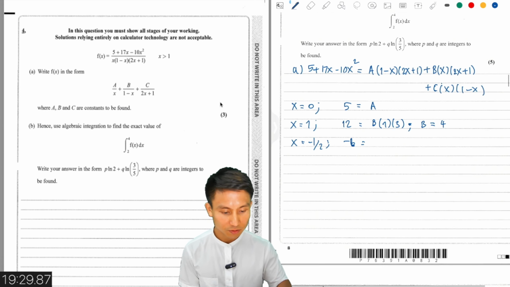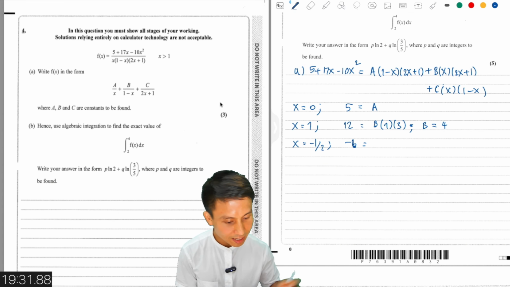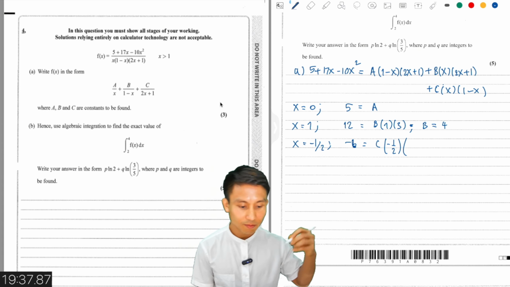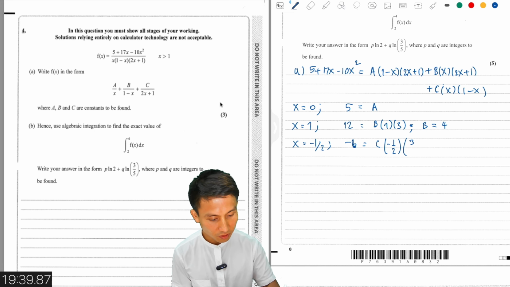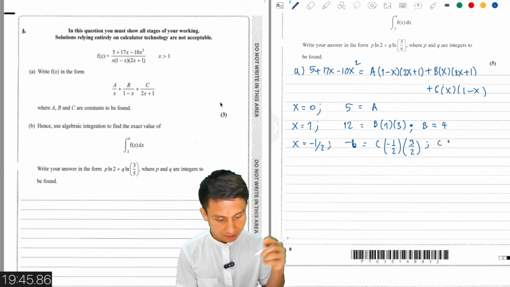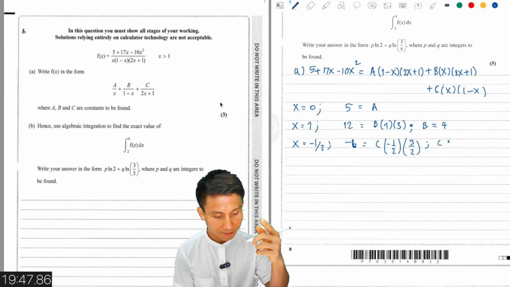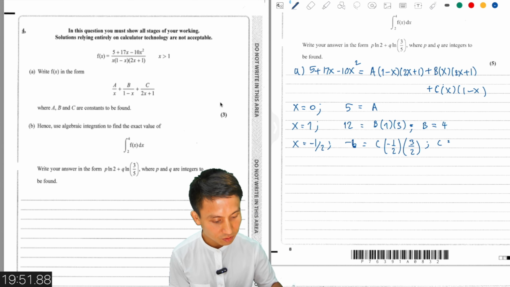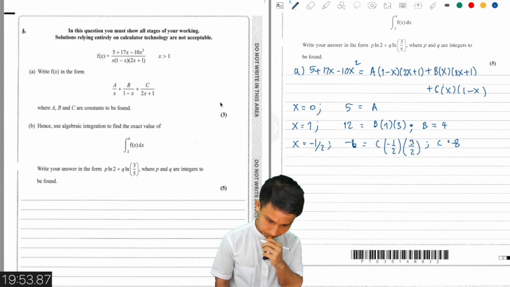Minus 6 equals, so the A and the B disappear, we have the C. So C times 1 minus minus 1 over 2. That's 3 over 2. So what do we get? The minus sign disappears, 3 cancels with 6 on the other side, we get 2, and 2 times 2 times 2 is 8.